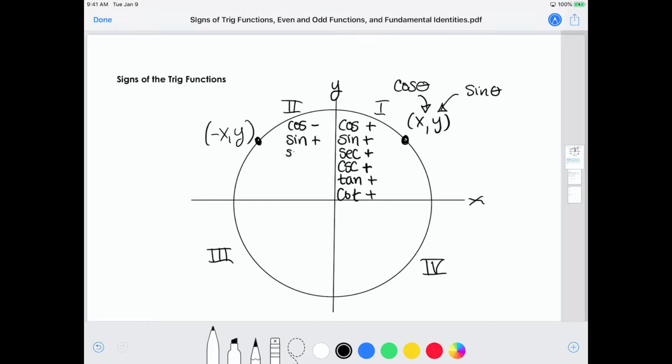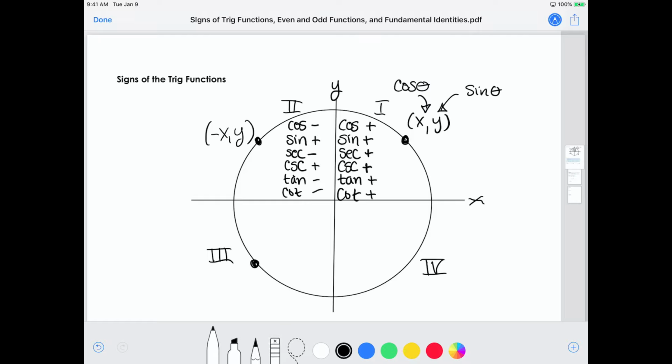Since secant is the reciprocal of cosine, when I take the reciprocal of a negative number, it's still going to give me a negative number. Cosecant is the reciprocal of sine. So since sine is positive in the second quadrant, when I take the reciprocal of sine, I'm still going to get a positive number. And tangent and cotangent are both negative in the second quadrant because tangent and cotangent are ratios of cosine over sine or sine over cosine. And because one is positive and one is negative, when I divide those, in both cases, I'm going to get a negative value.